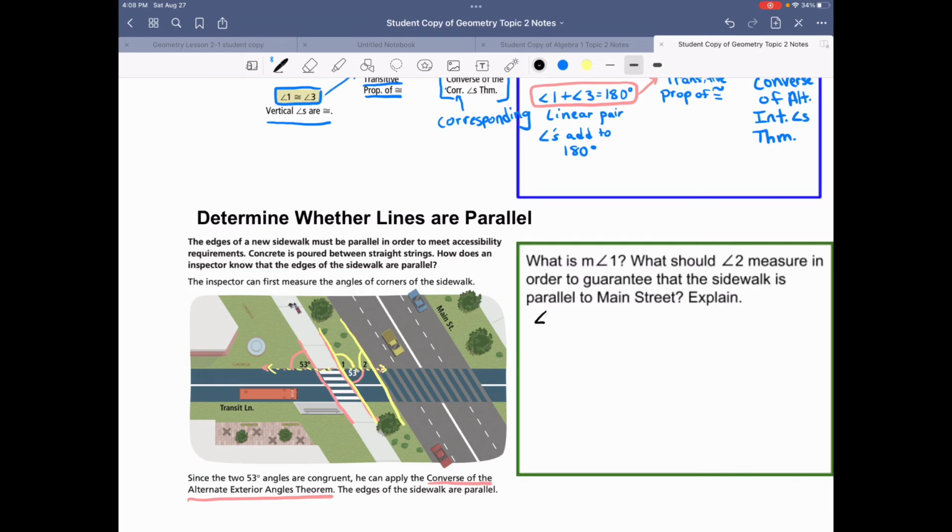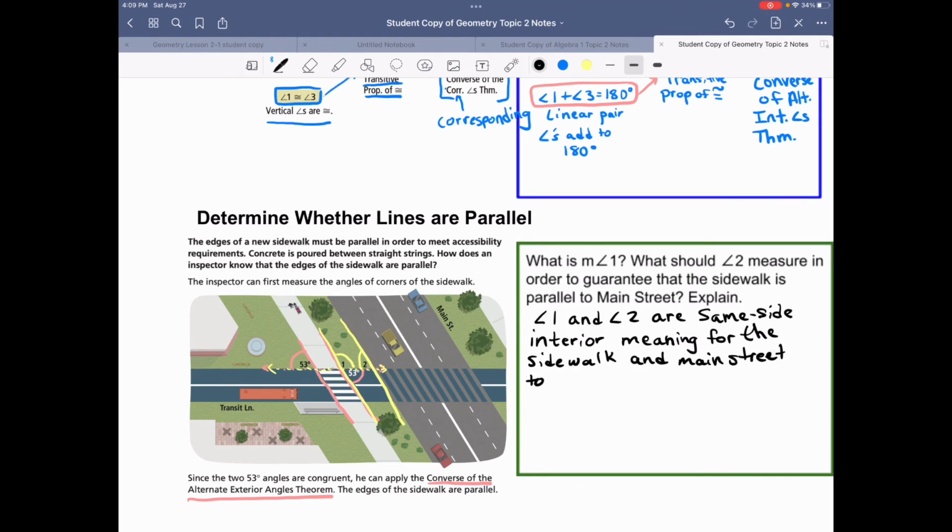So angle 1 and angle 2 are same side interior, meaning for the sidewalk and Main Street to be parallel, the measure of angle 1 plus the measure of angle 2 must equal 180 degrees. Now we need to see if that's true.